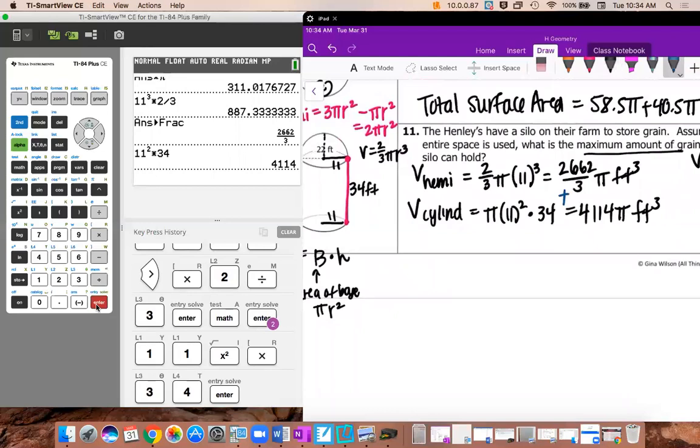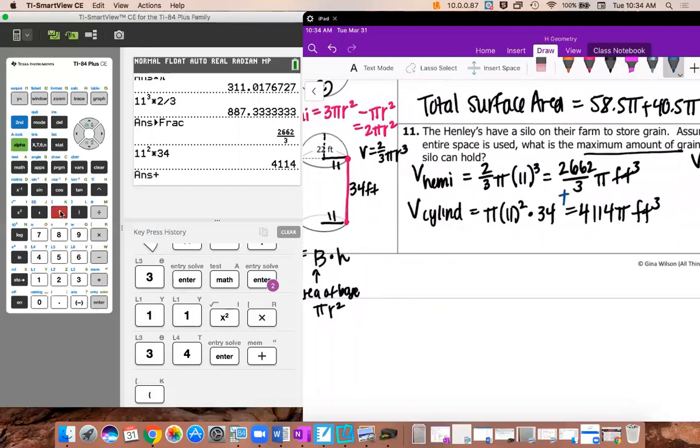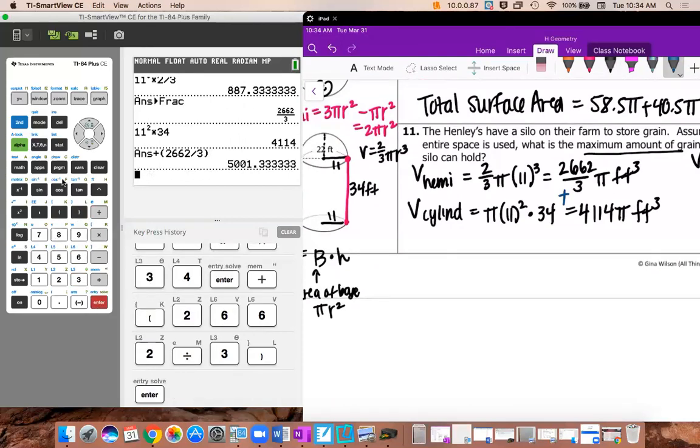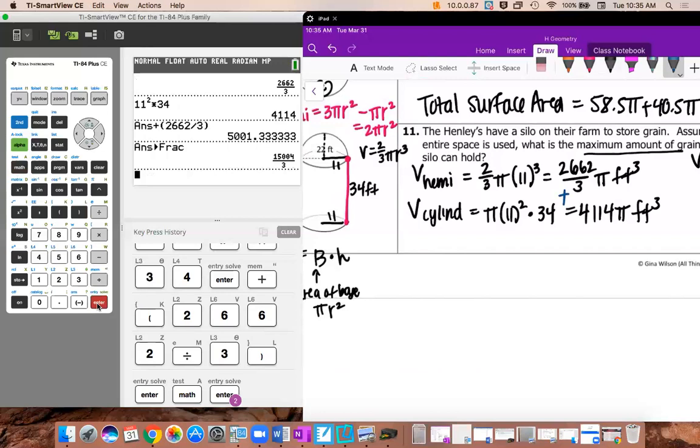And then to find the total volume of that silo, all we're going to do is add those two things together. So I'm going to do 4,114 plus, and I'm going to put this in parentheses, 2,662 divided by 3. So I'm leaving the pi's out for now. And so we're going to math frac. So if we're going to leave it exact, you have total volume is going to be 15,004 divided by 3 pi feet cubed.